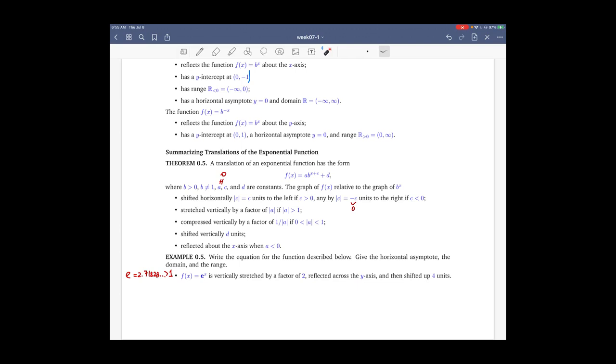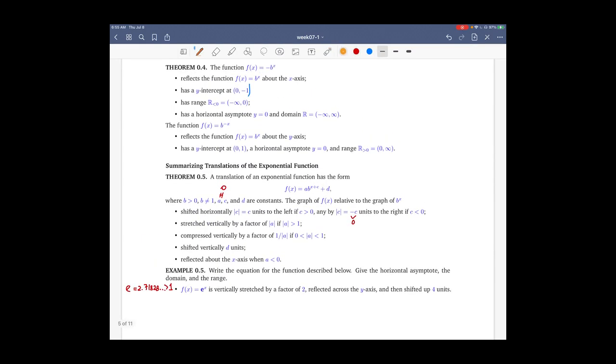Well, if we do this step by step, e to the power x looks like a typical increasing exponential function, passing through the point 0, 1.